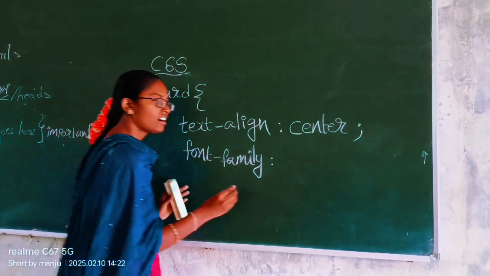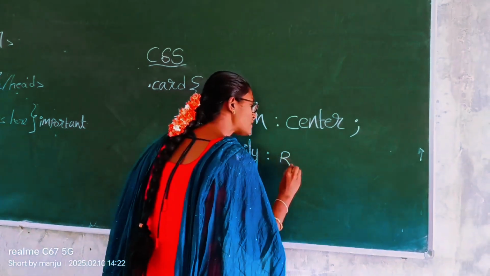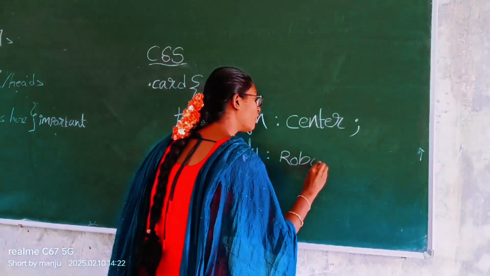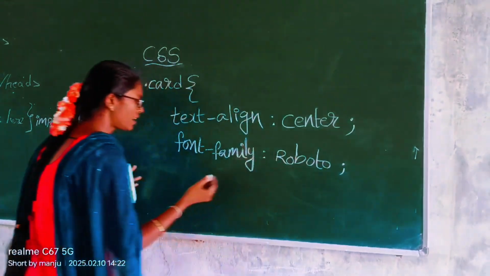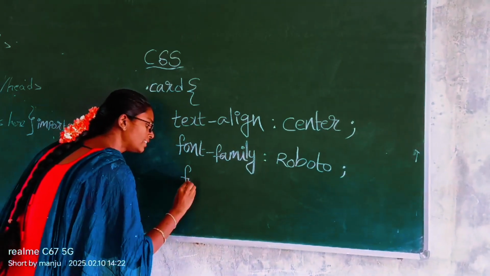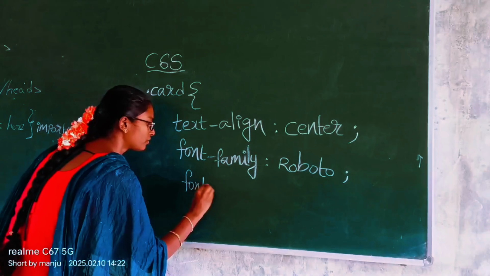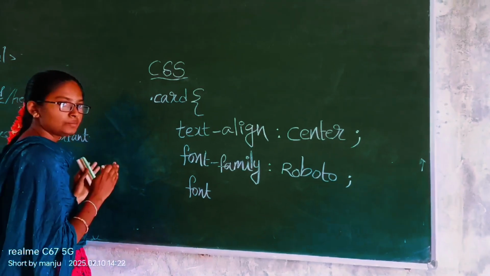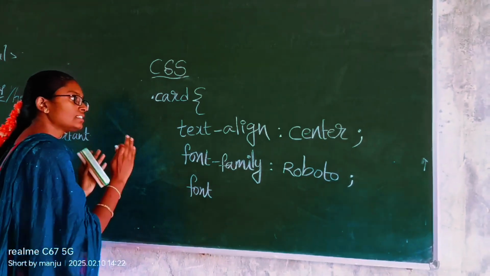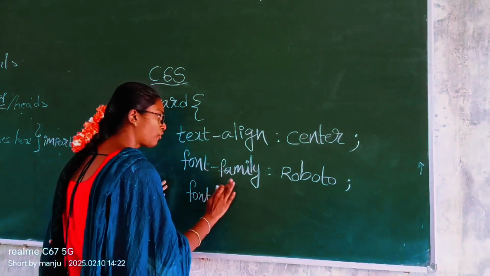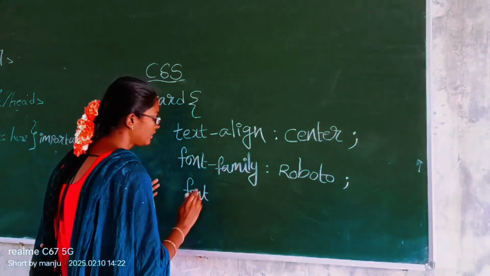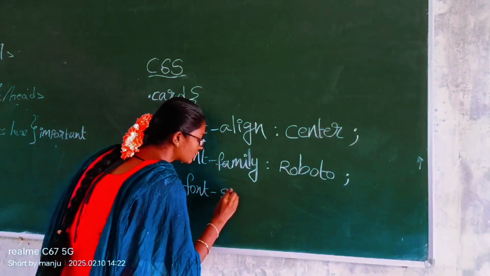Here I am using font-family as Roboto. And then there is font-size. We can give different sizes to our heading, paragraph, and those containers. All those elements can get these properties: font-family, text-align, and font-size.